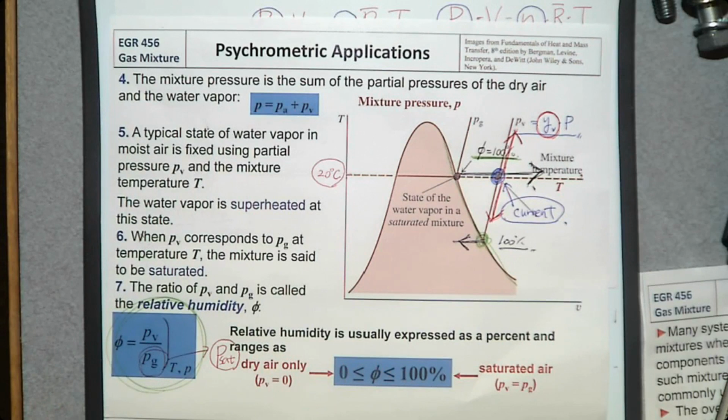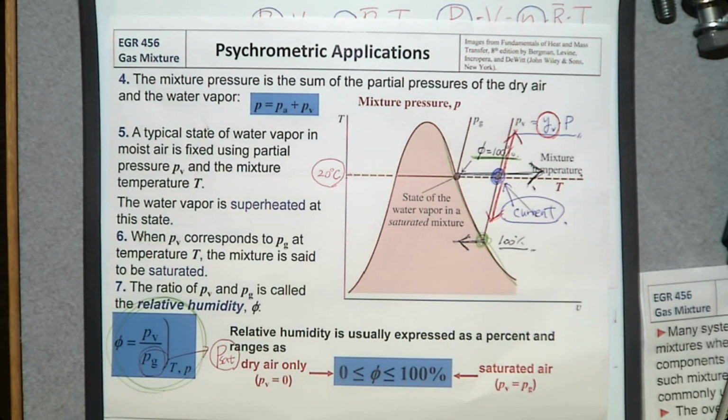The maximum amount of water vapor present in moist air can occur when water vapor is on this saturation curve. And what is the pressure PV on this saturation curve? It's going to be the saturation pressure.